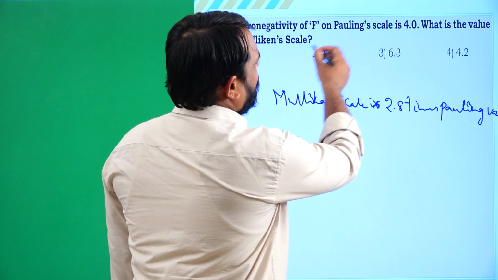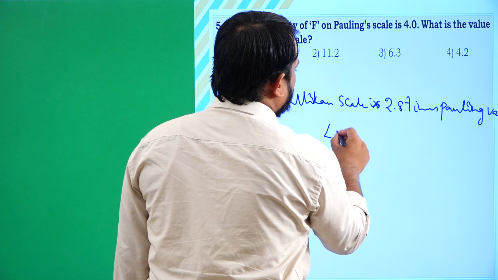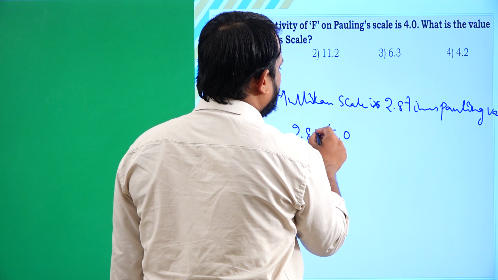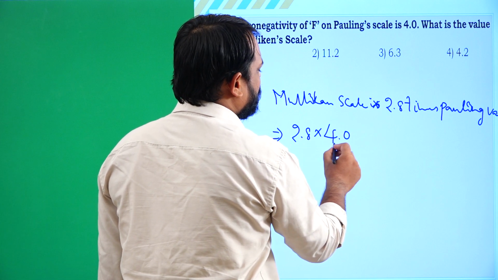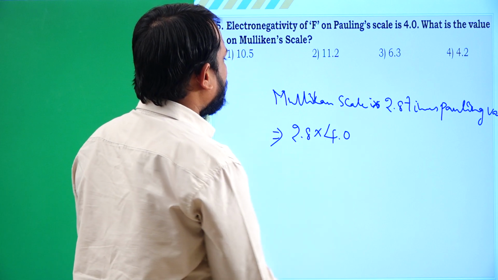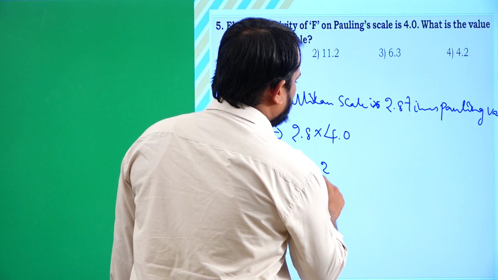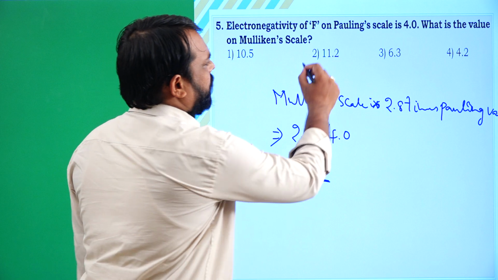The Pauling value is 4.0, so 2.8 times 4.0 is 11.2. Which option? The second option.